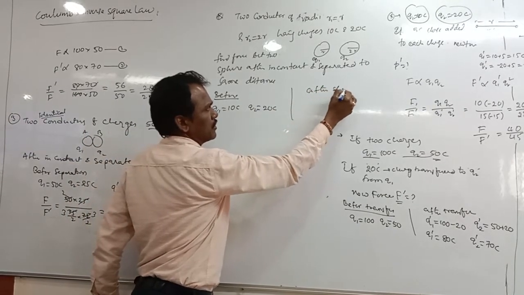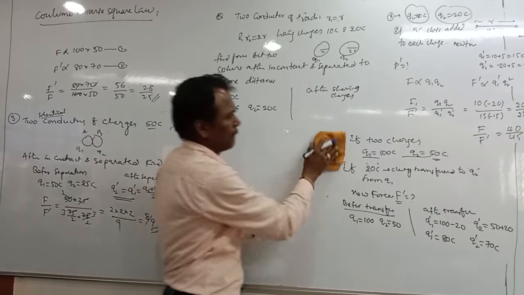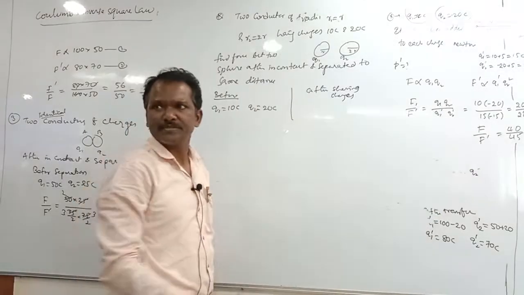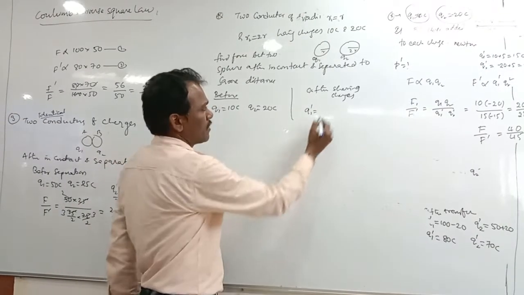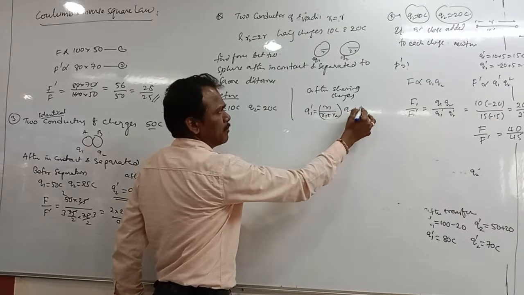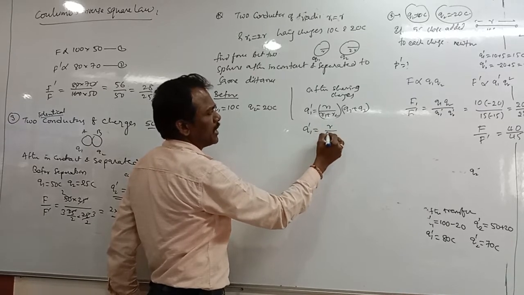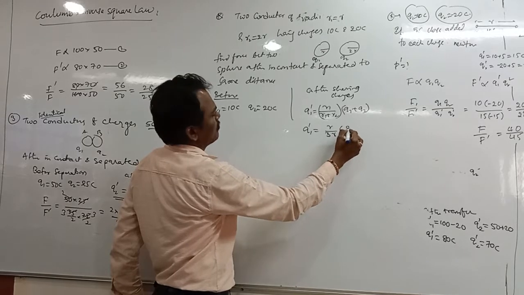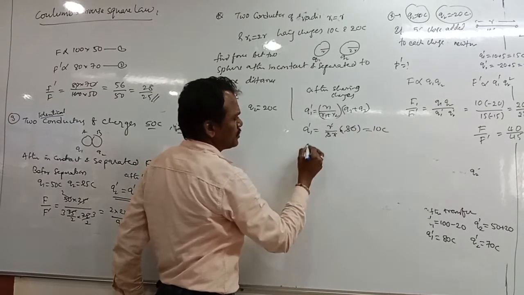After sharing of charges, Q1 dash is R1 by R1 plus R2 into Q1 plus Q2, so R by 3R into 30, that is 10 coulombs.